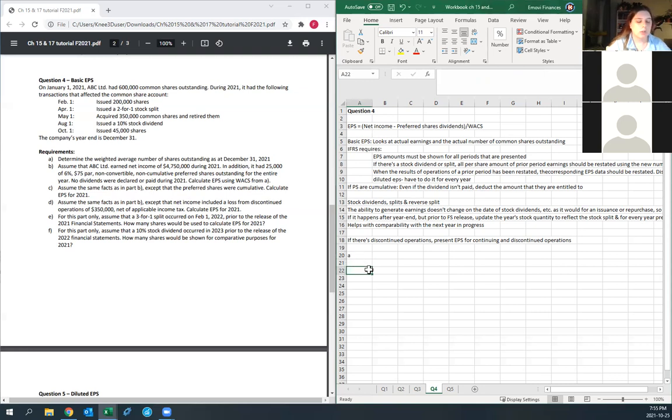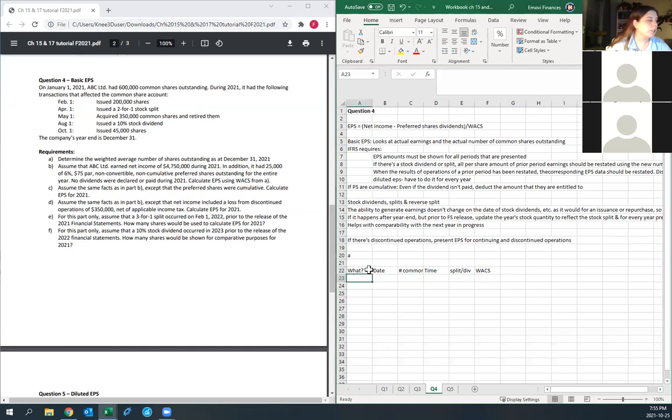So I like to do a little table, and I think your teacher also showed you by doing a little table. I put the event of what happened, the date that it happened, the number of common shares, the time that it stayed that amount, any factor for a split or a stock dividend, and then at the end, your weighted average common shares.